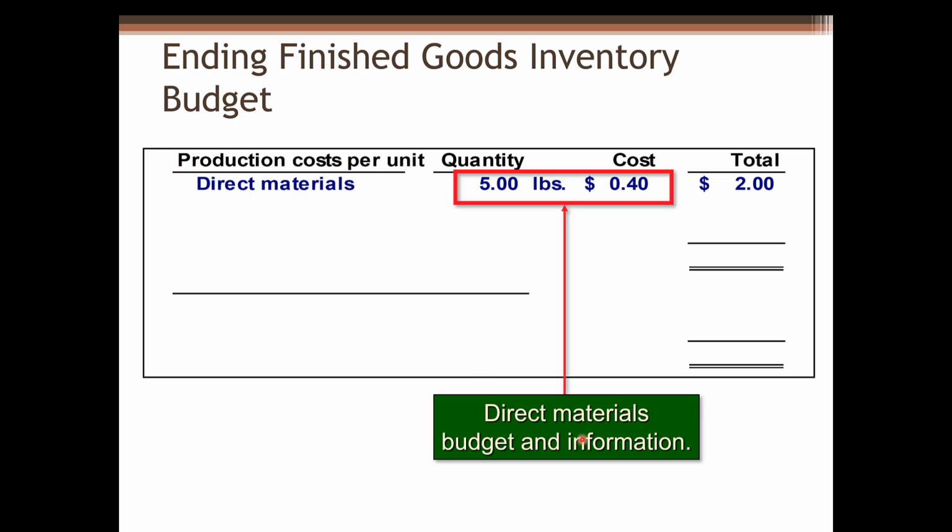From the direct materials budget and information, we know each unit of a product requires 5 pounds, and each pound costs 40 cents. So we can calculate direct materials in dollar amount for each unit. We use 5 pounds multiplied by 40 cents, and it's $2 per unit.